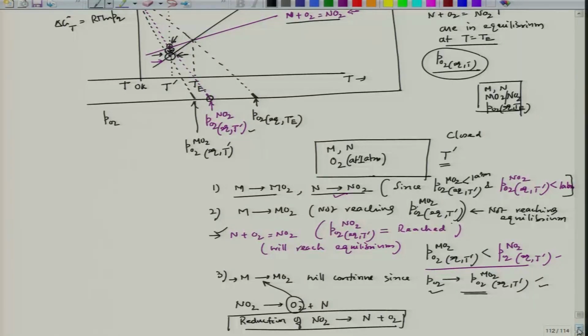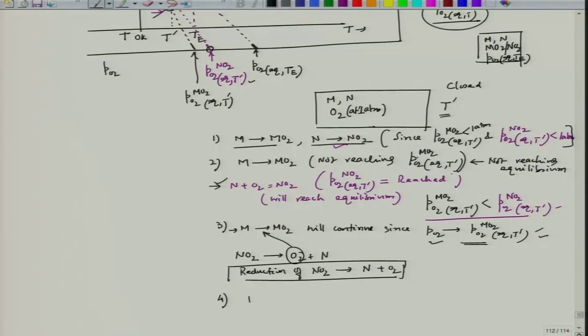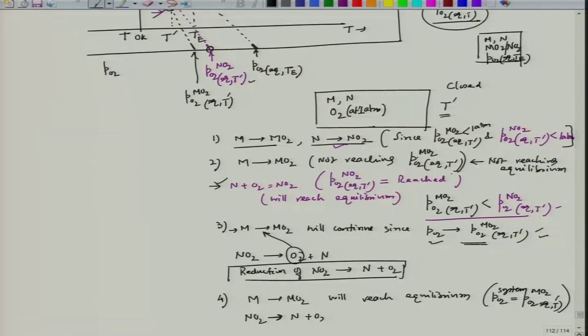And that will be the fourth stage, where this reaction M will reach equilibrium, PO2 equal to PO2 of MO2 equilibrium at temperature prime, and NO2 will keep getting reduced to N plus O2.